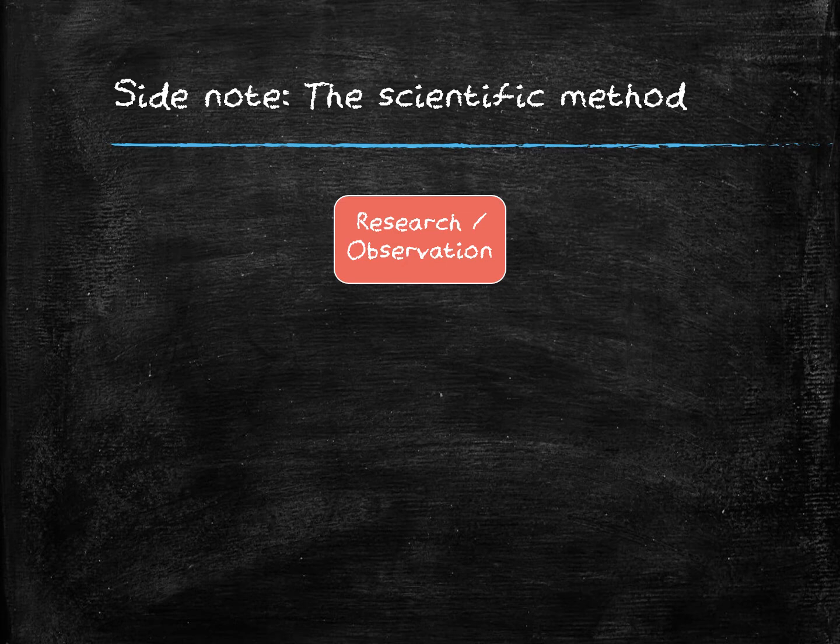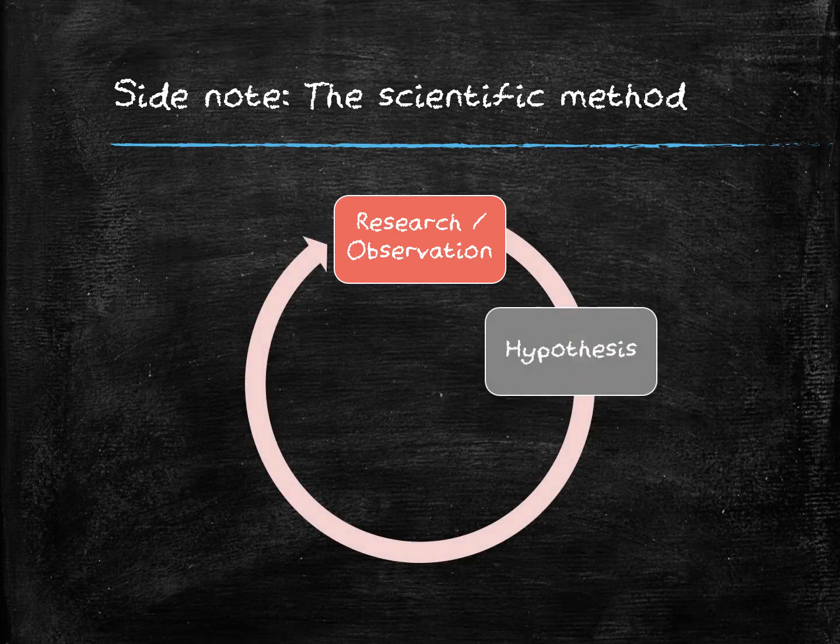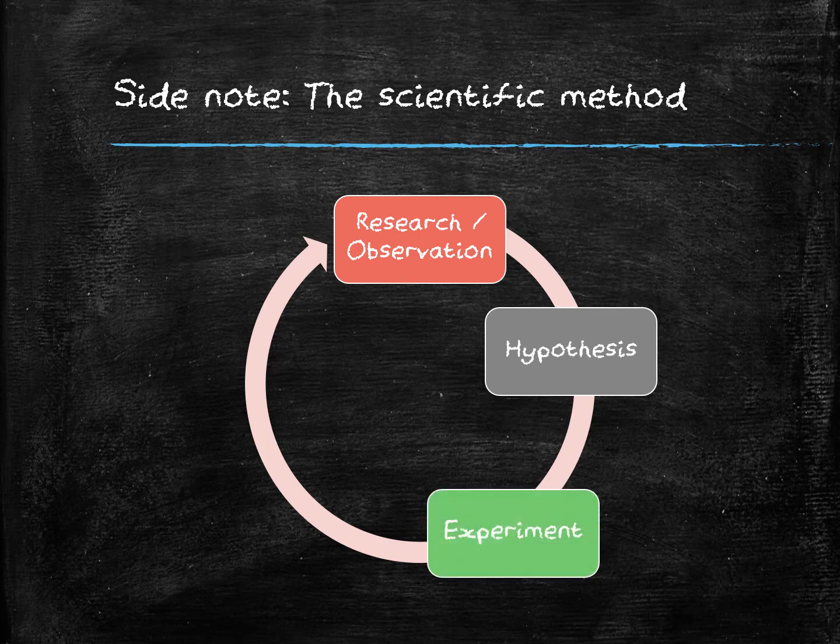This all basically starts with the idea of a scientist will have either some research done or an observation of a phenomenon, and in this case we're using the idea of the atom. J.J. Thomson discovers the electron, and as a result of that he has to come up with a new hypothesis, a new idea or model for explaining it. Now, in order for the scientific community to accept this new hypothesis or new model, an experiment needs to be done.